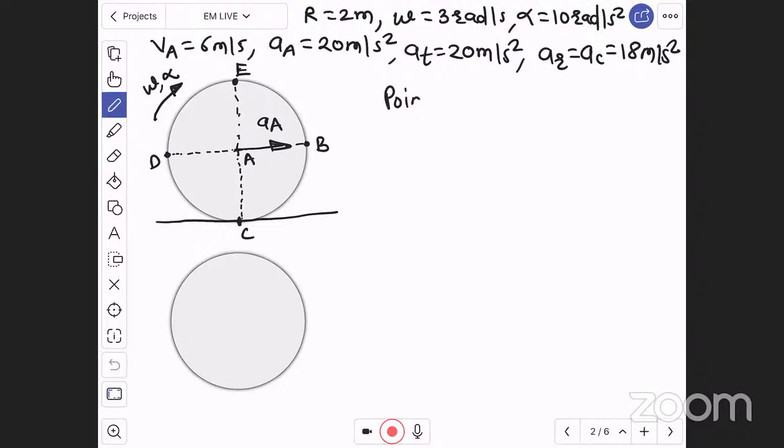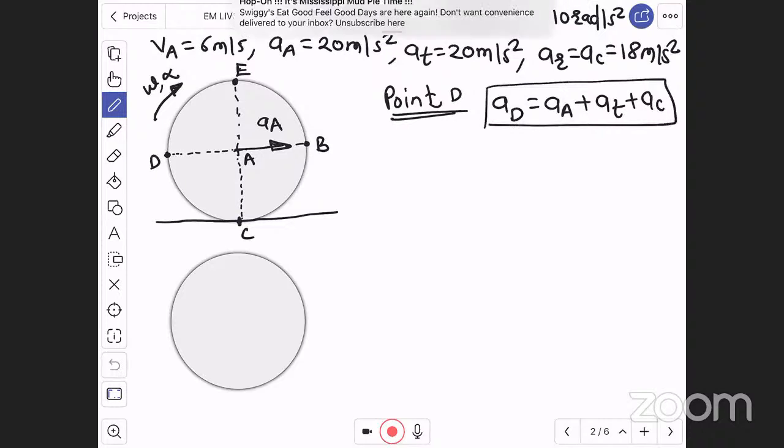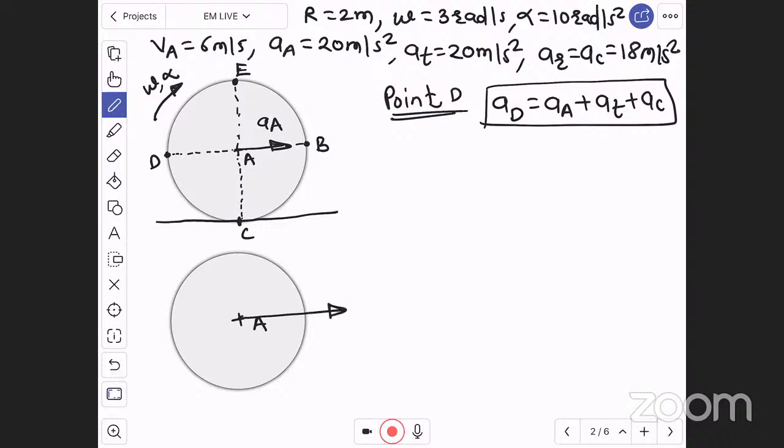Now, my dear students, point D will be having acceleration of center point plus tangential acceleration plus centripetal acceleration. With respect to A, see in the diagram, A is the center point, moving towards right with acceleration of A, which is nothing but 20 meter per second square.